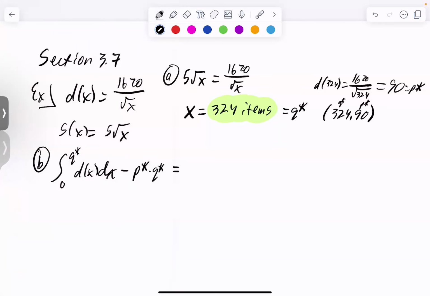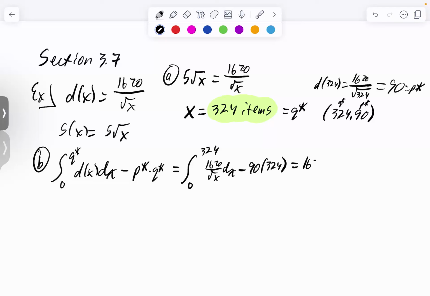So let's go back to our problem here. We're going to go the integral from 0 to q star, which in our case is 324, of d of x, which is 1620 over root x, dx, minus p star times q star. And I'm going to rewrite all of this.